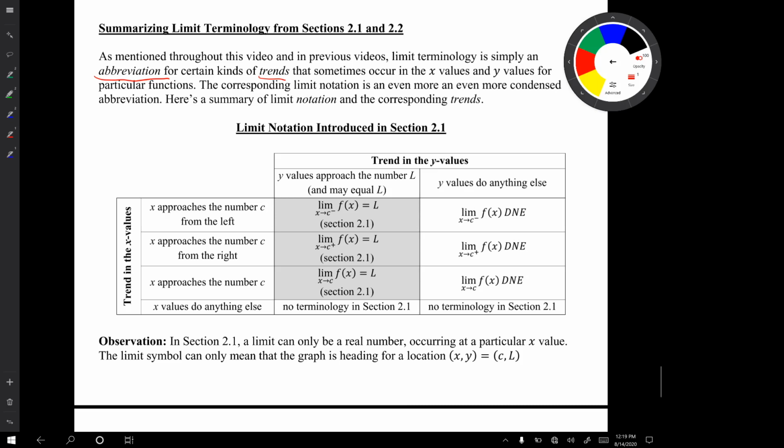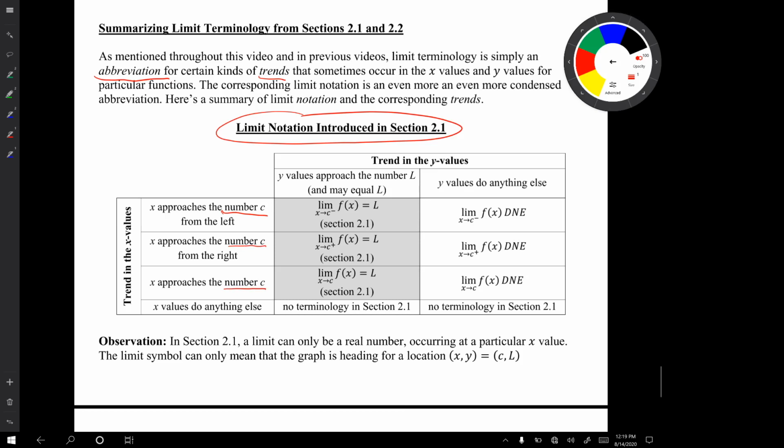First of all, the limit notation introduced in section 2.1. Well, in section 2.1, the kinds of trends that we could observe in the x coordinates were x approaching some number from the left or from the right.